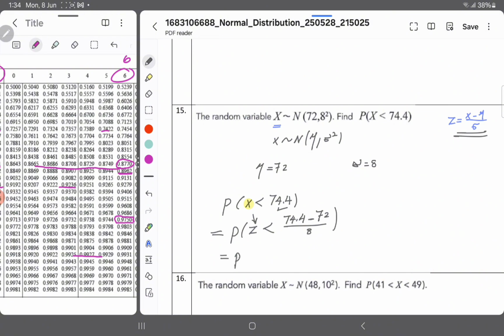Now it's equal to the probability of z less than 2.4 divided by 8. Yes. So it will be 0.3. Now we are going to sketch the diagram.